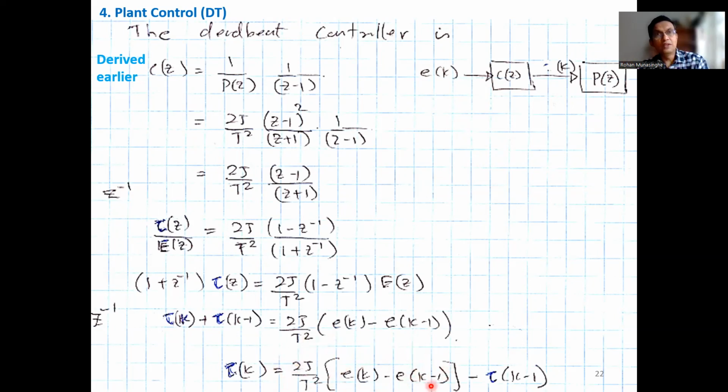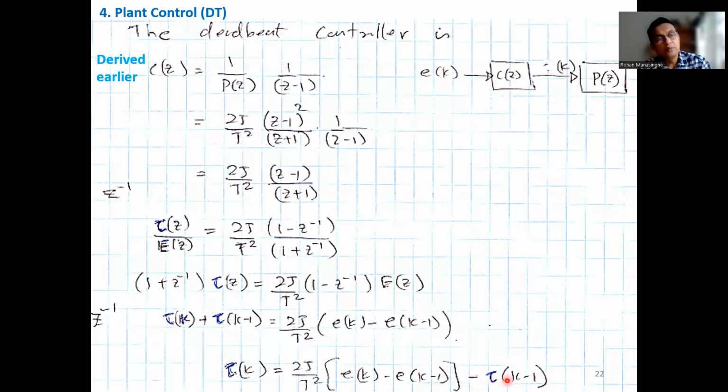Because now, once error becomes 0, when you go to the next time, also error is 0, right? Error will settle there at 0 every time k, error is 0 now. But what about this one? This is minus tau k minus 1. Previous control signal, but change the sign because of this negative.